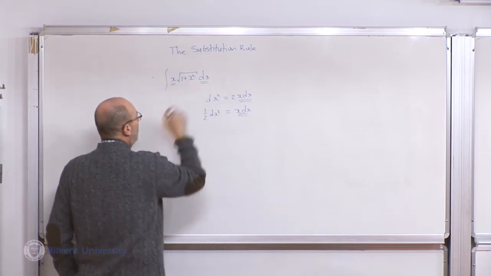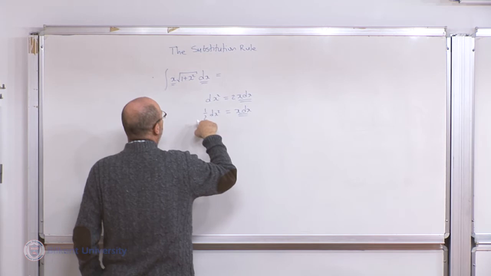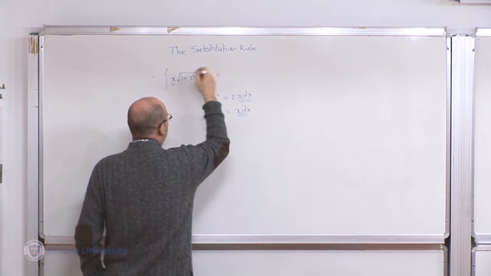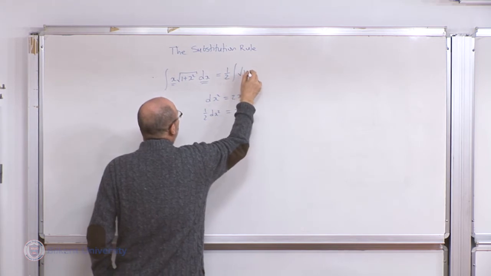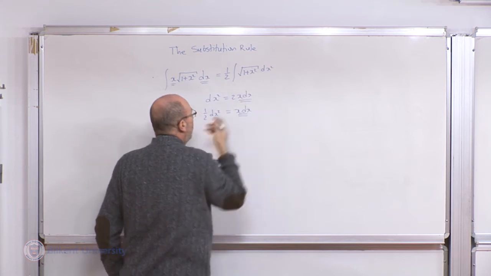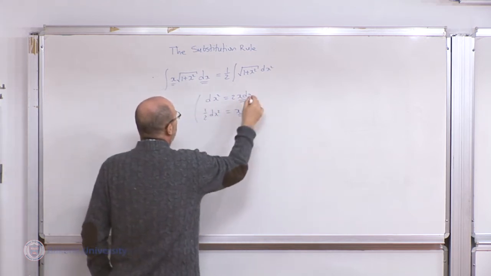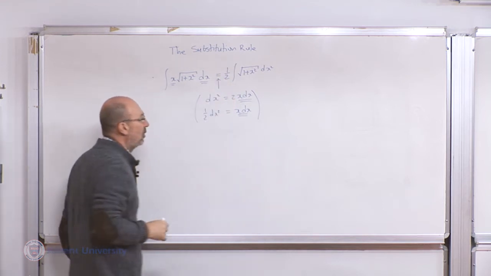So we substitute that here. Okay, so instead of this I'm writing this 1 over 2, but 1 over 2 is a constant. In integration it comes out, 1 plus x squared dx squared. Okay, so this part is used here.